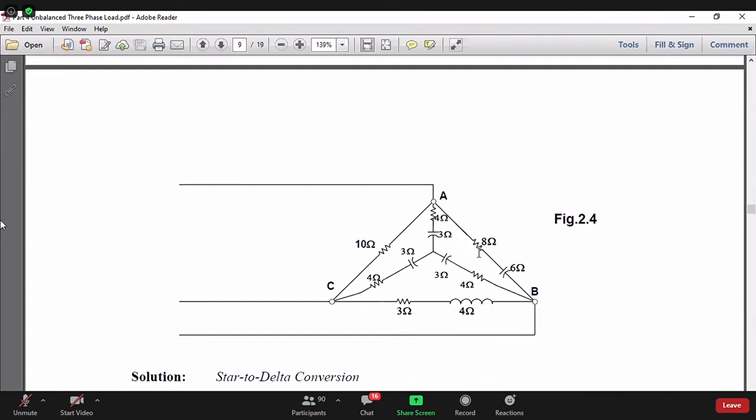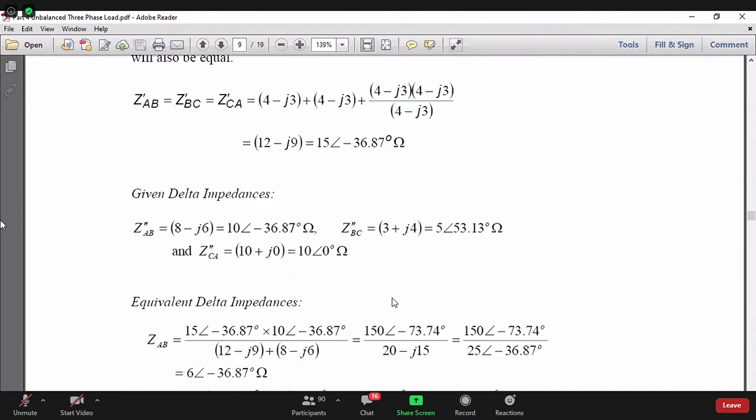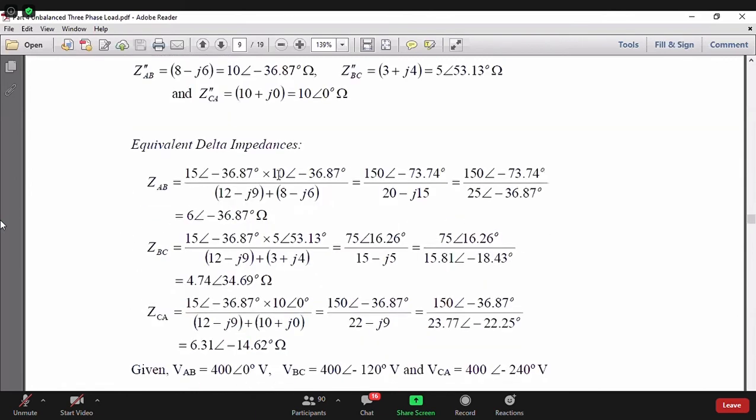And then you calculate the equivalent. It is simple: R1 R2 by R1 plus R2, or Z1 Z2 by Z1 plus Z2. So this one is Z2, and this is Z1, the delta impedances. So we calculate Z1 Z2 by Z1 plus Z2 for all the three phases, and I get the three results.